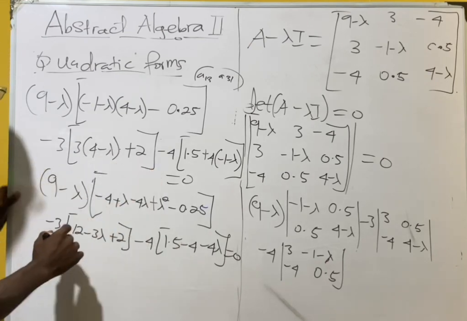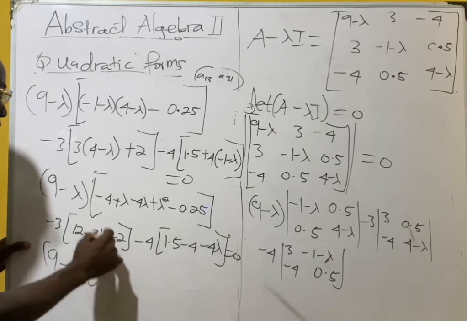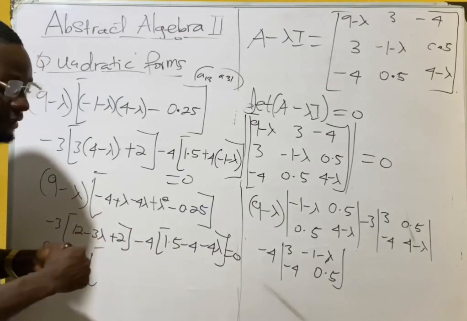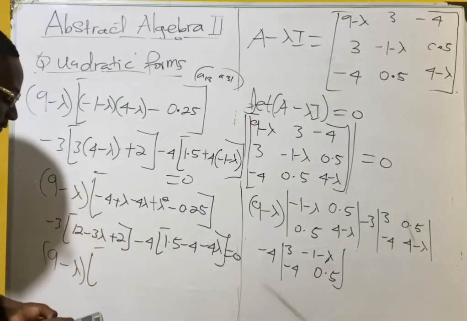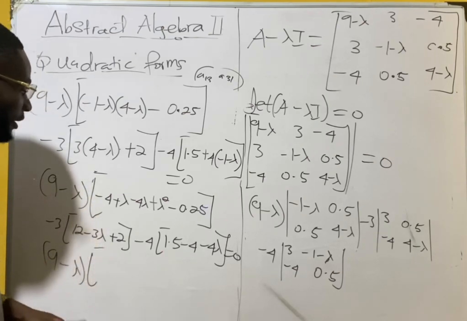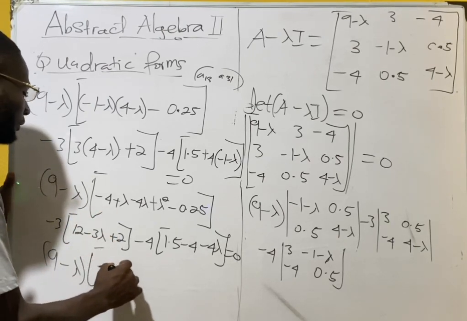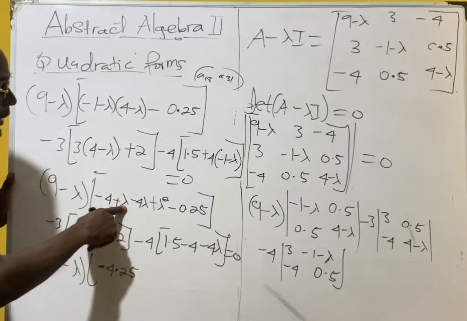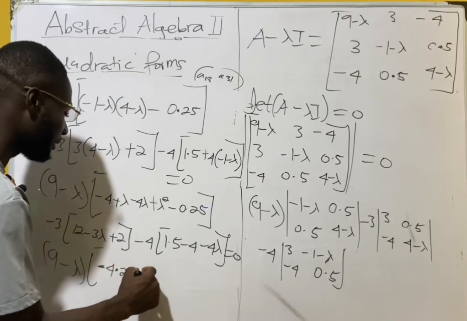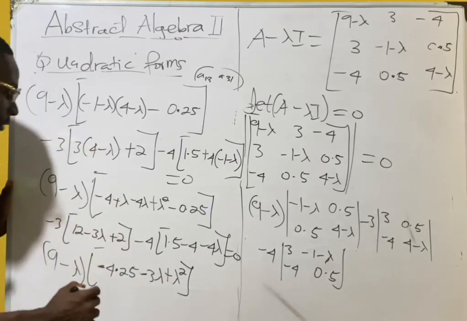Okay, so now we can go ahead and simplify. 9 minus lambda into minus 4 minus 0.25 is minus 4.25. So minus 4 plus minus 0.25 is minus 4.25. Then lambda plus minus 4 lambda is minus 3 lambda. So we have minus 3 lambda plus lambda squared, right?